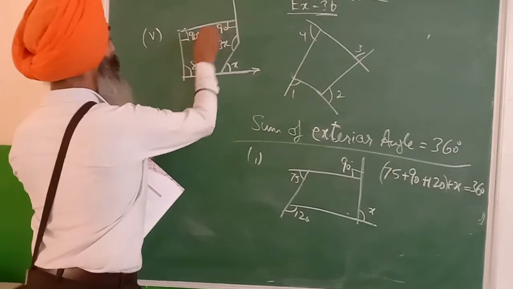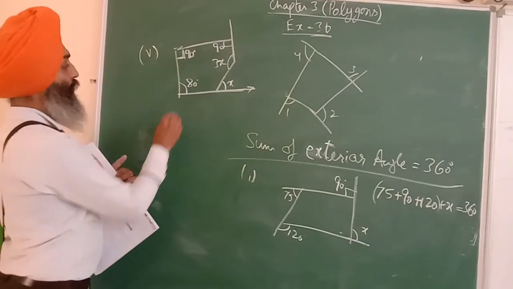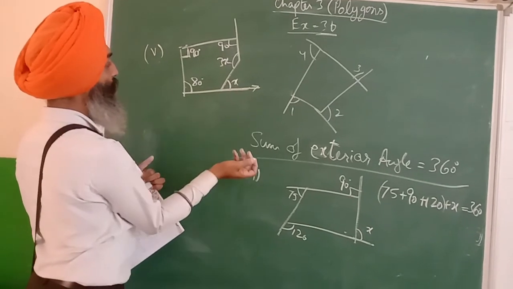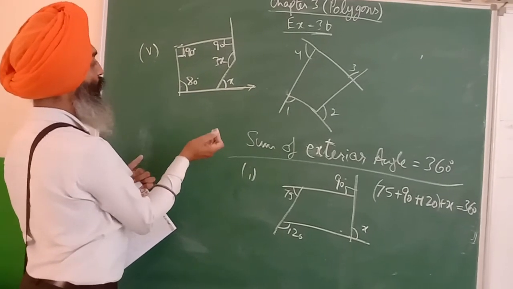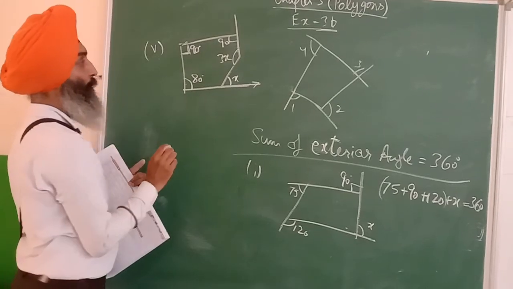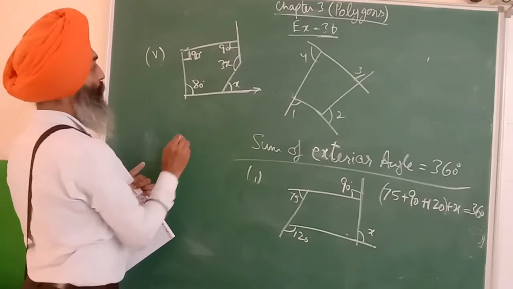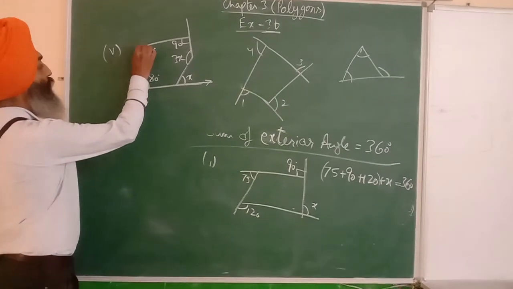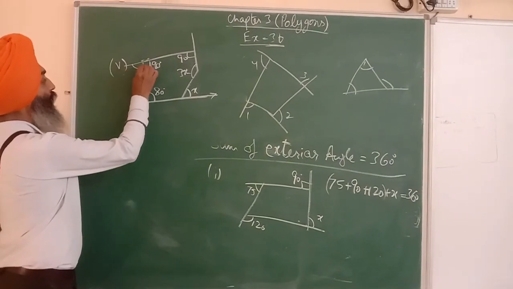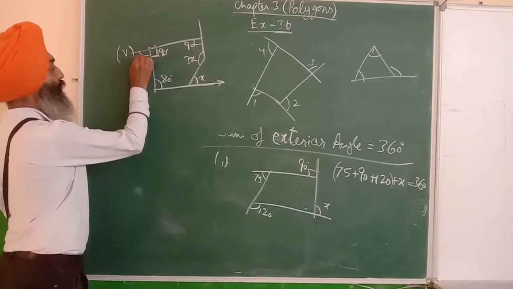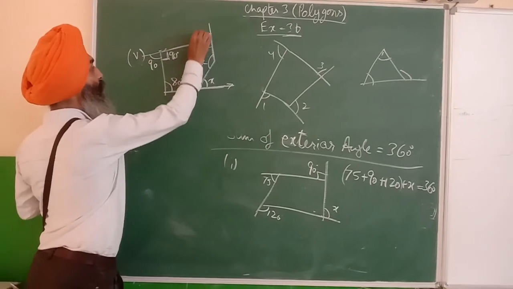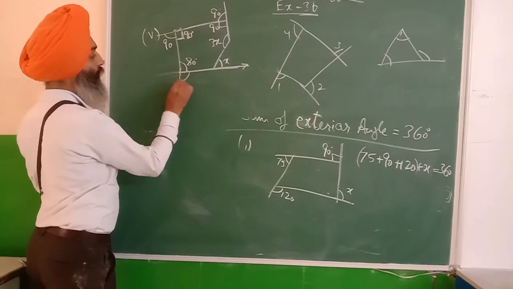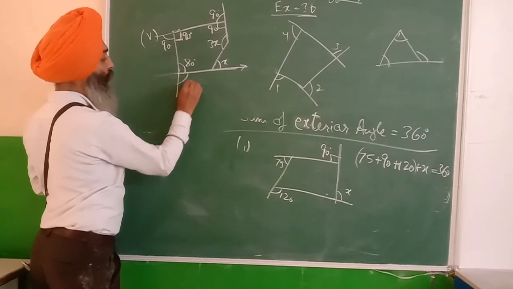So first of all, in this the exterior angles are not given. So you will first find the exterior angles using a property you know. This is 180 minus 90, which is 90. This is 180 minus 90, 90. This is 180 minus 80, 100.